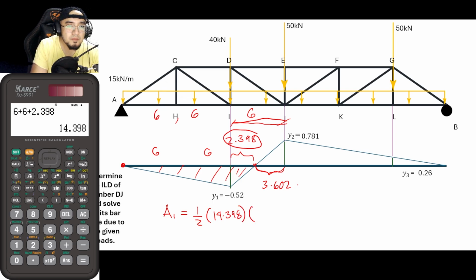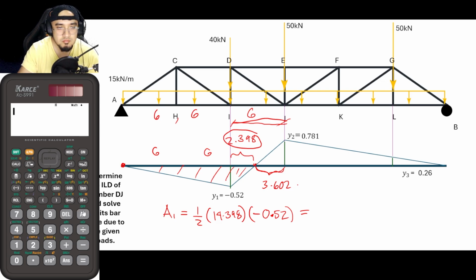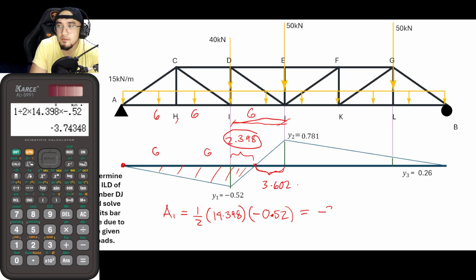Again, that is just the base. The height is negative 0.52. And from that, the value for A1 is now equal to 1 half times 14.398 times negative 0.52. So the answer is negative 3.74348.